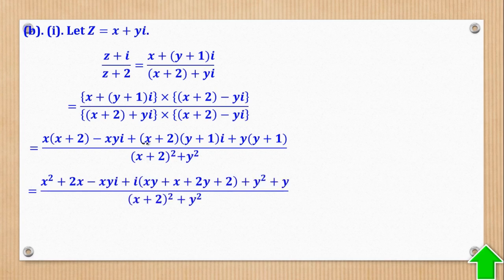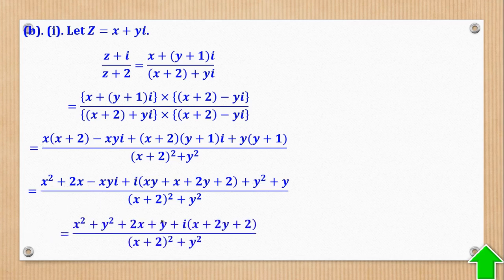So I expand further this bracket to come up with this, and also expand this to come up with this, and this to come up with this. Then expand further to come up with that, and that would be the expression they wanted.